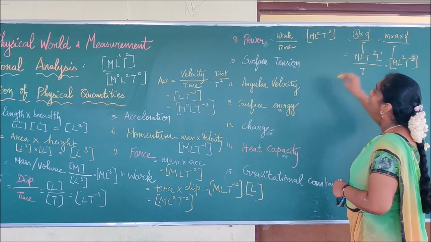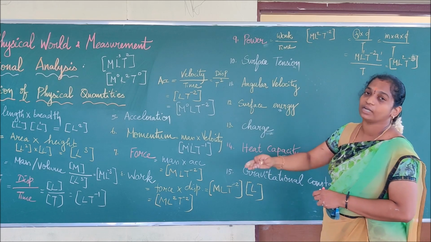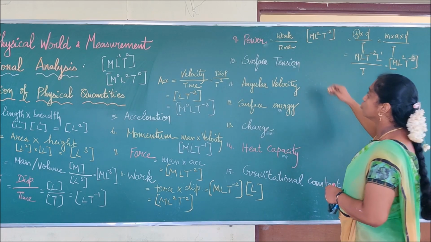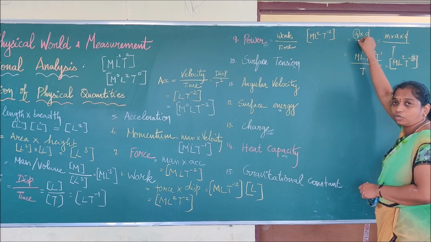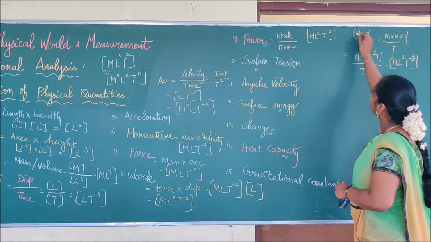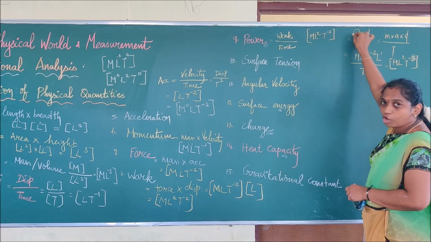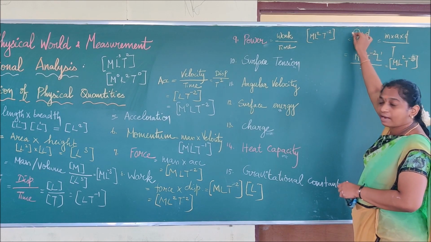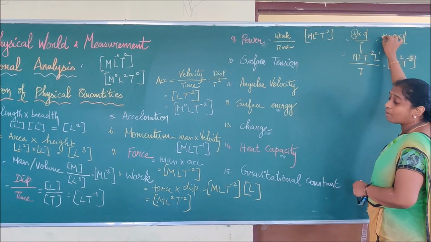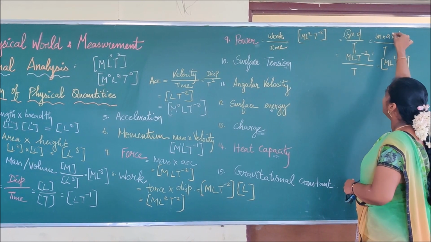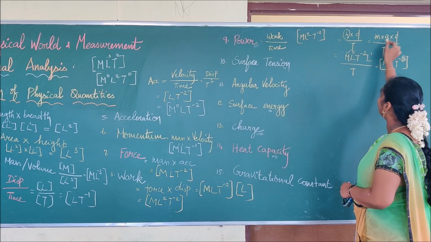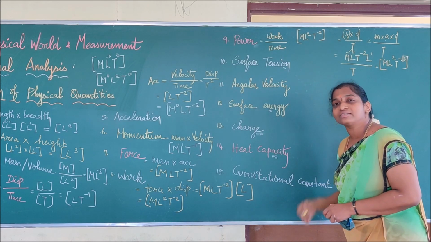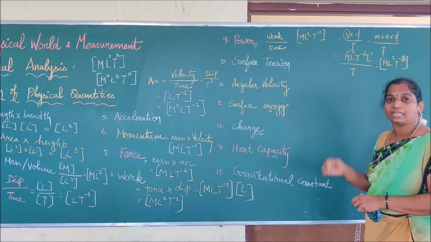So like that we have to derive it from one fundamental quantity to another. If we know it directly, we can substitute it. Otherwise we have to write the fundamental concept. Work is equal to force into displacement. I don't know the force dimensions also. Therefore we are writing force is equal to mass into acceleration into displacement. So mass I know, this M, is fundamental. Acceleration we know. Otherwise acceleration again becomes velocity by time taken.